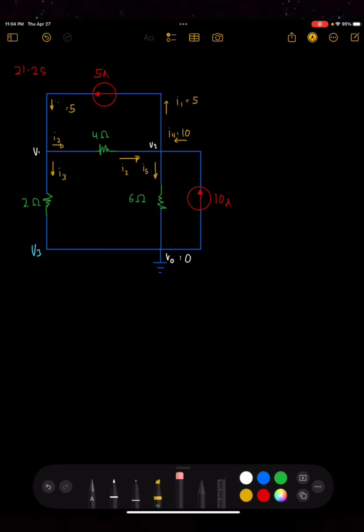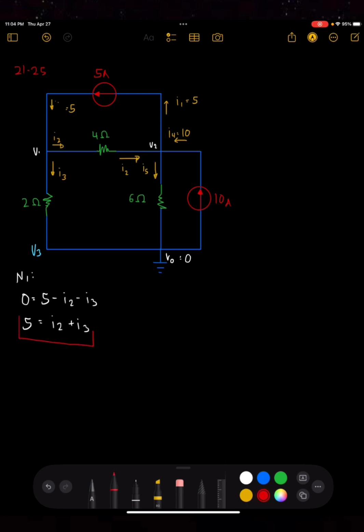For item 25, ang gagawin muna natin ay hanapin yung mga nawawalang node, which is node V1 at V2. So, una, gagawa muna tayo ng equation sa mga nawawalang nodes. So, 0 is equal to 5 minus I2 minus I3. So, magiging 5 is equal to I2 plus I3.